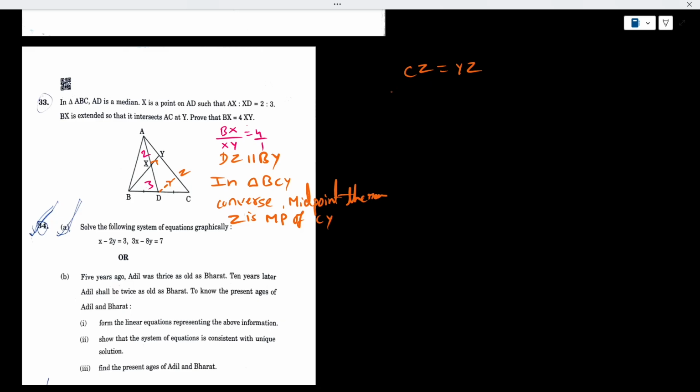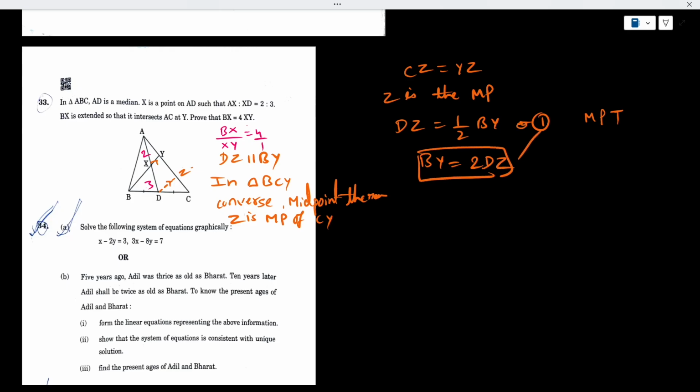And because D and G are the midpoints and the line is parallel, we can say that DG will be equal to half of BY using the midpoint theorem. This is nothing but BY is going to be equal to 2DG. So you can label this as number one. This is your first finding. Now I have to relate BX and XY, which are the parts of BY. So this is my first equation.